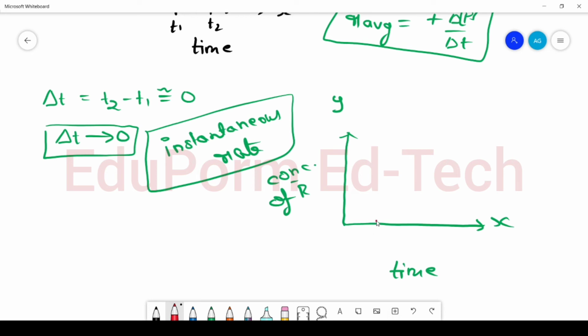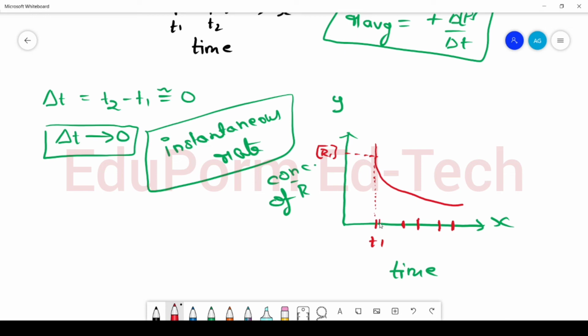Let's say this is time t1, and at time t1 the concentration is R1, and with time the concentration of reactant is decreasing. So first we have this, and now in this case T2 is not here, not here, and not even here.